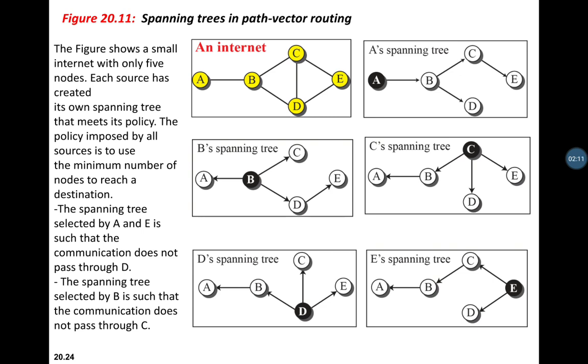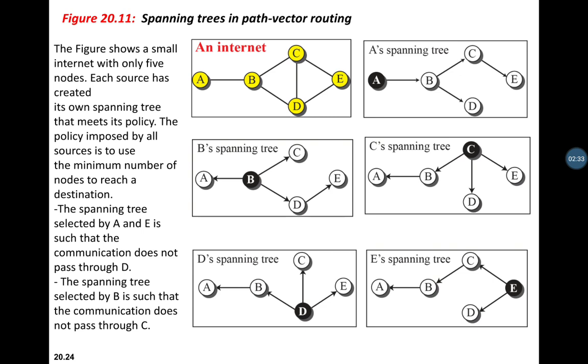So whenever we select a path, we just see that it visits the minimum number of nodes. Another common policy is to avoid some node as a middle node. If it is mentioned that a certain node should not be in the path, then that node will be avoided as a middle node in the route.